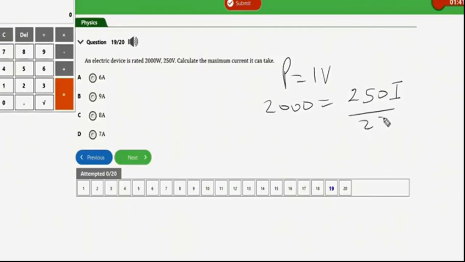Divide both sides by 250. So basically 2000 divided by 250 will give you 8. So correct option will be option C. Let's verify. 2000 divided by 250. Alright, 8. So we have it to be 8 ampere.